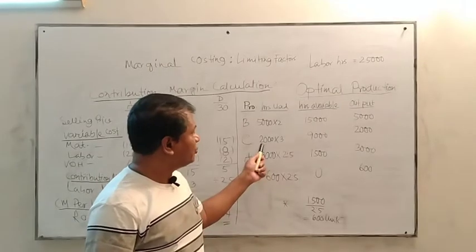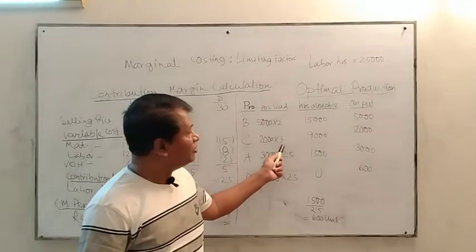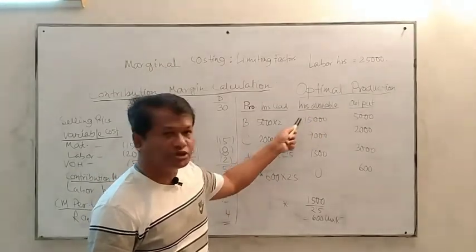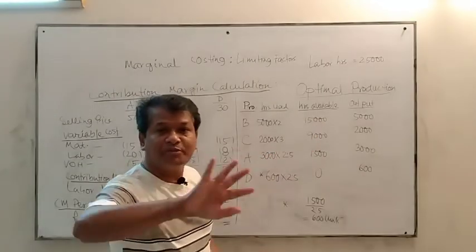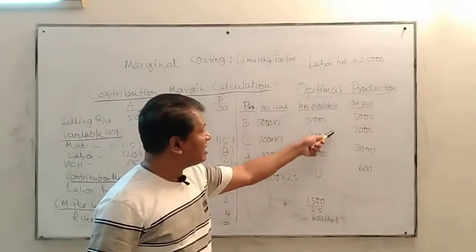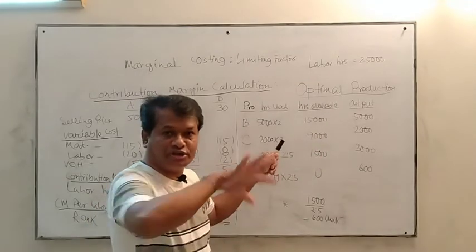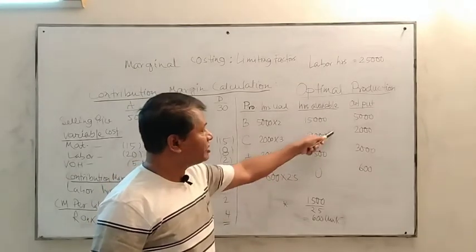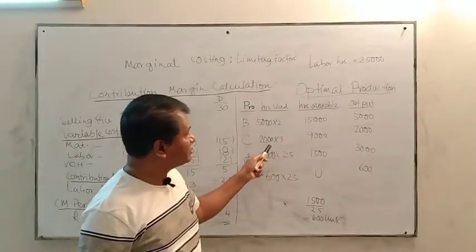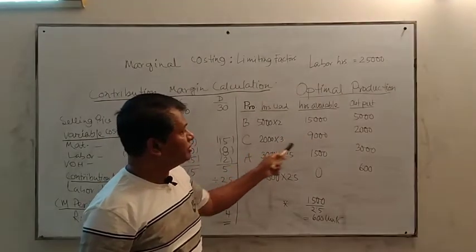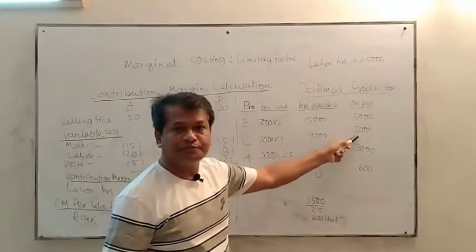That's why 2,000 into 3 is 6,000. Your hours available are 15,000. From that 15,000 you have to subtract the 6,000. So hours available is 9,000. This is to be used for the rest of the production. So production is 2,000 units, the output is 2,000.